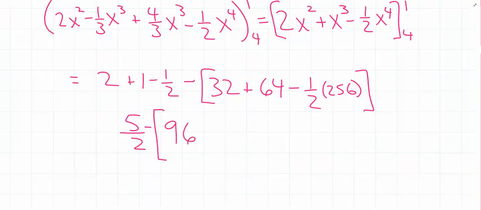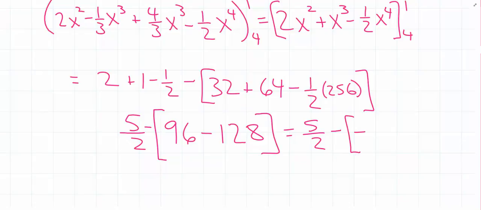Is that right? 96 minus, what's half of 256? 128. Okay, so what is 96 minus 128? Negative 32. Is that right? Okay, so that's going to be a positive 32, right?